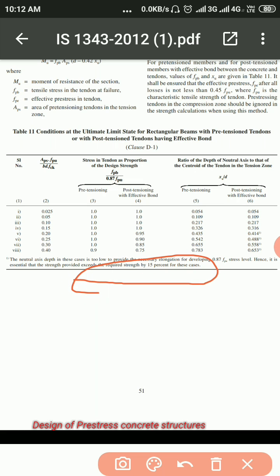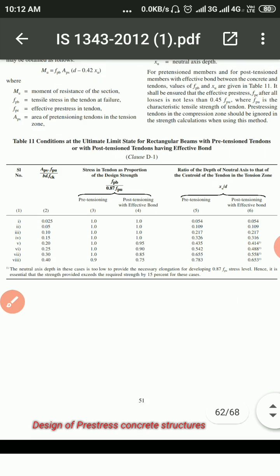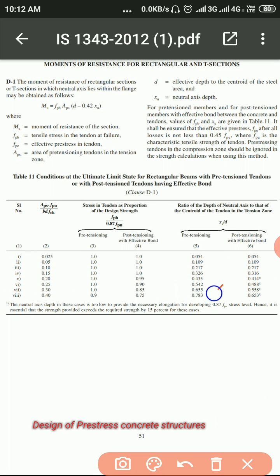Whatever values are here in this table for XU, these are very low. To achieve 0.87 FPU, what is the highest strength that steel tensile bars can take?